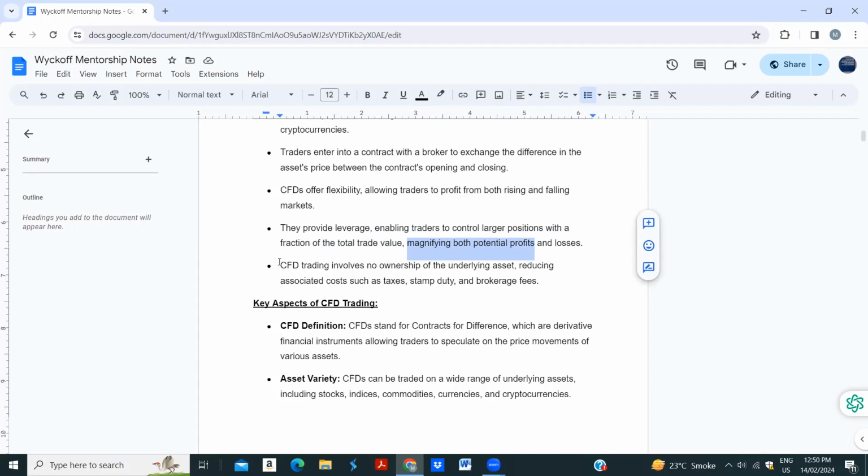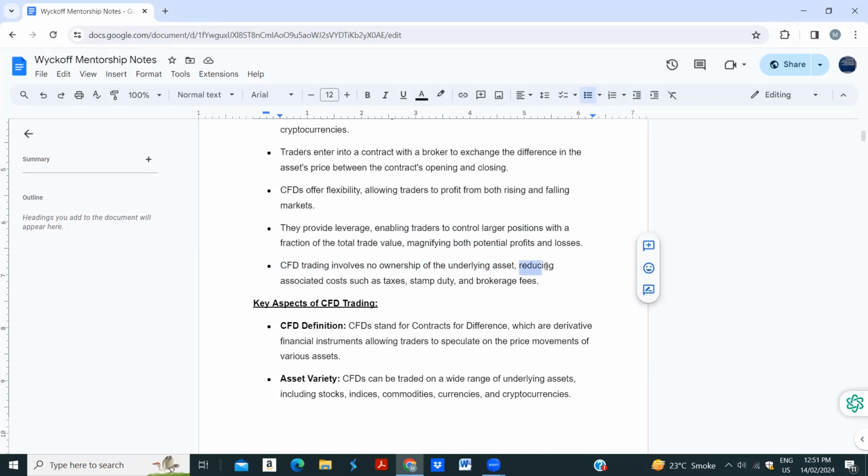Remember that. CFD trading involves no ownership of the underlying asset. As I told you before, in CFD trading, you don't own any underlying asset. You are just speculating on the direction or the price changes of that asset. That's it.